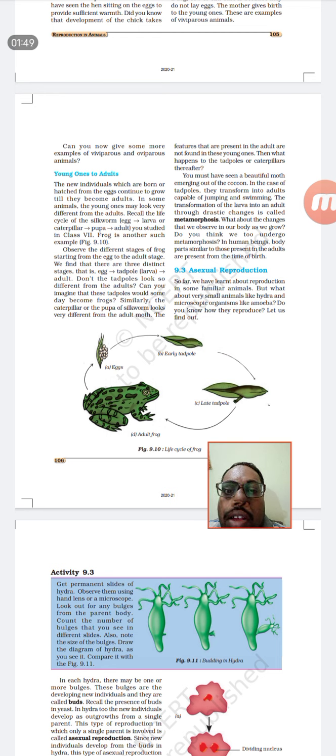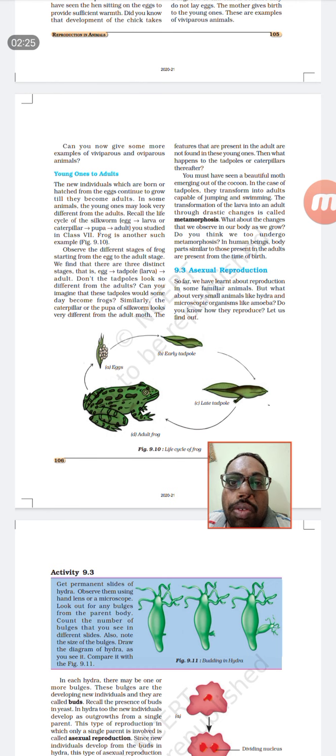The female frog lays the eggs and they are fertilized by the male, and from the zygote it first forms a tadpole, small changes take place inside the tadpole, and after that it becomes an adult frog. This process is known as metamorphosis, a transformation from a young one to an adult.